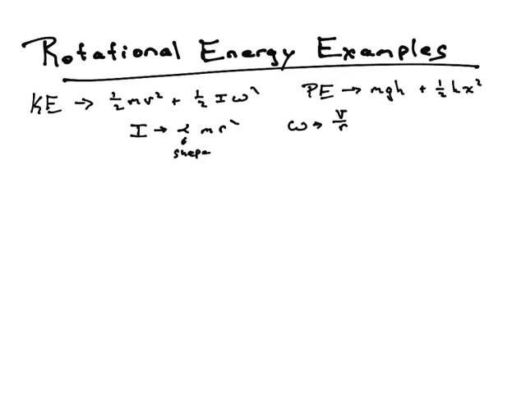I want v. All I have to do is, everywhere I see an omega, use v over r instead. With all of this, we can now do some actual calculations. We can take real problems and try to solve them. So let's do an example.